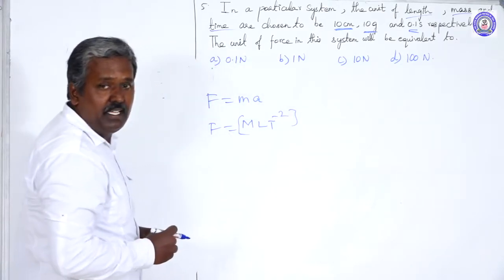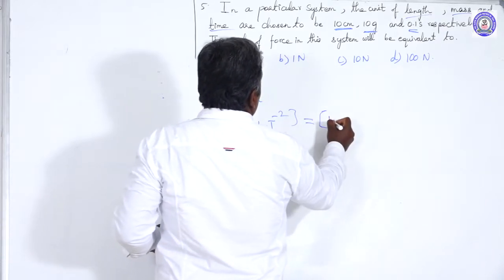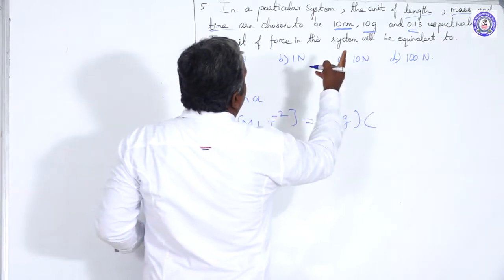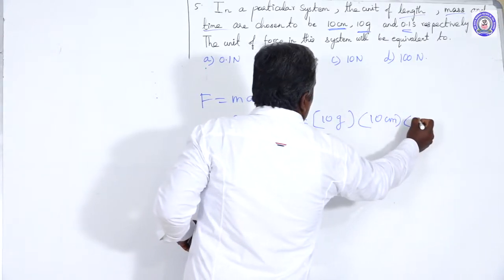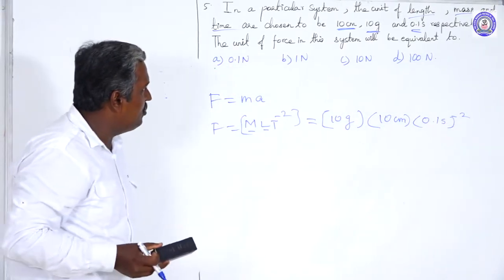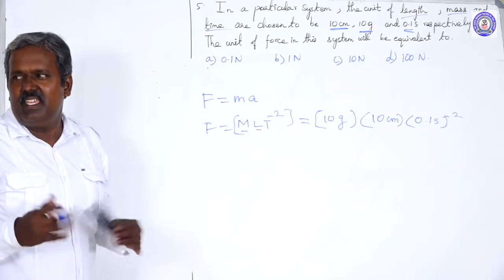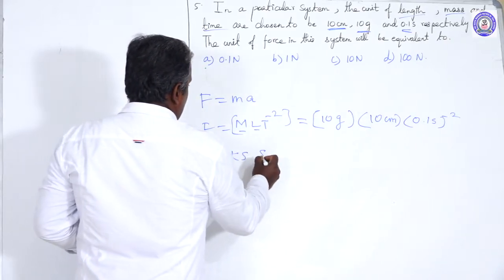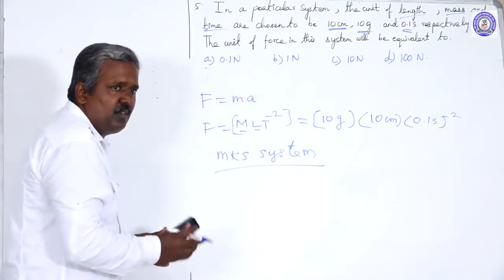The given value for M is 10 gram, for L, 10 centimeter, for time, 0.1 second, whole power minus 2. Very important: we must convert this into the MKS system, meter, kilogram, second.